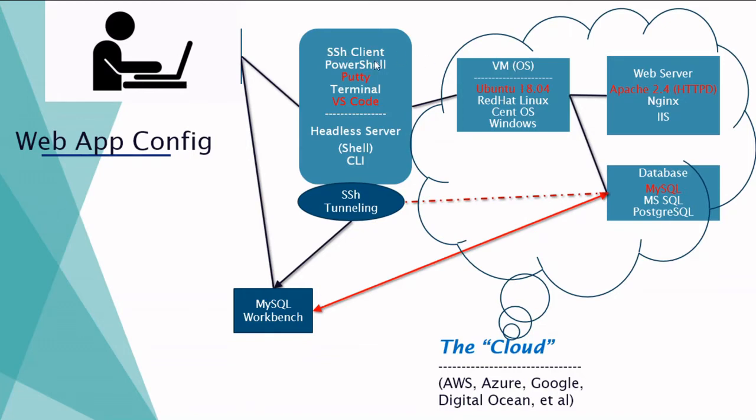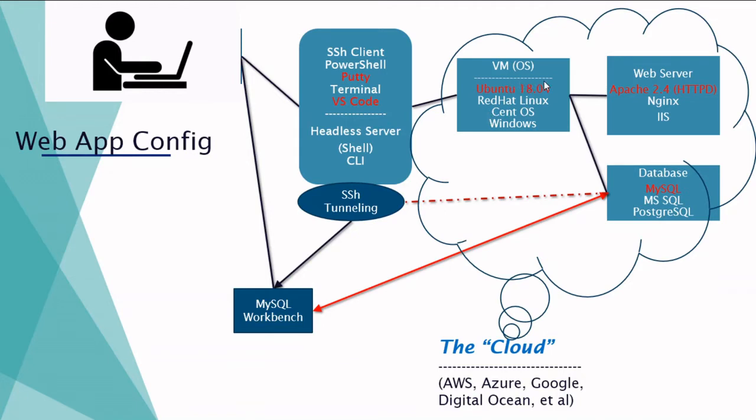In order to SSH, we need an SSH client. Now, you can use PowerShell for Windows, Terminal for Mac or Linux, but today I'm going to focus on Putty. By the way, you could also use VS Code as an SSH client. I'll explain that later. So you're going to SSH into a headless server, right, which is a VM. In my case, it's in Ubuntu 18.04, but these are the other options.